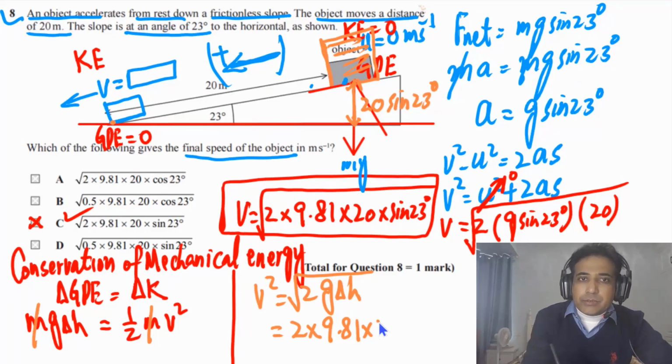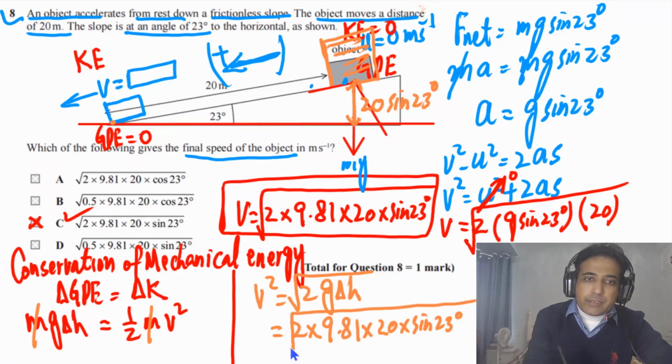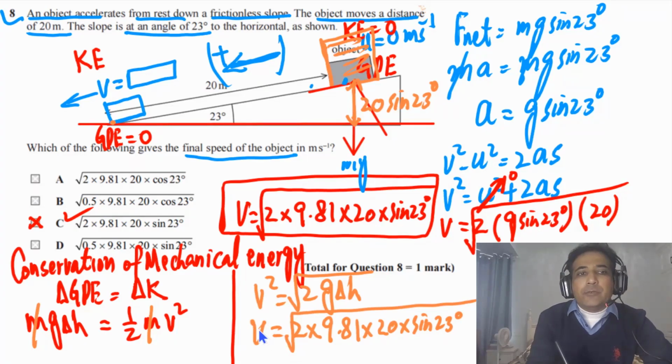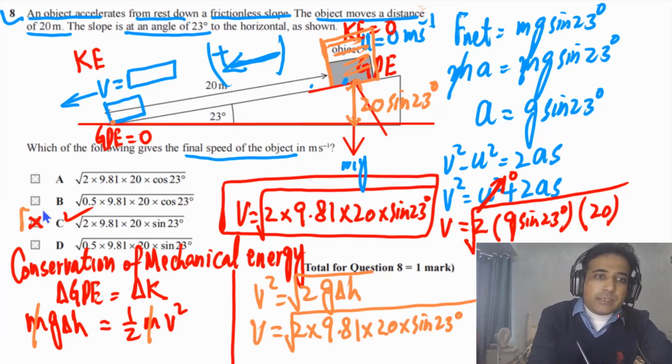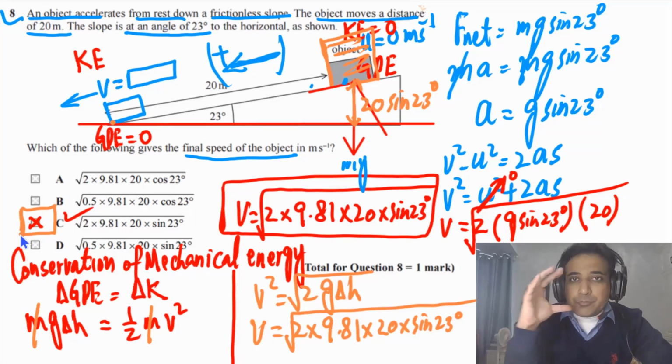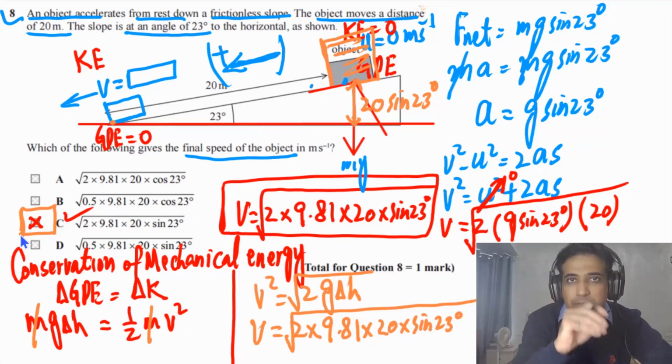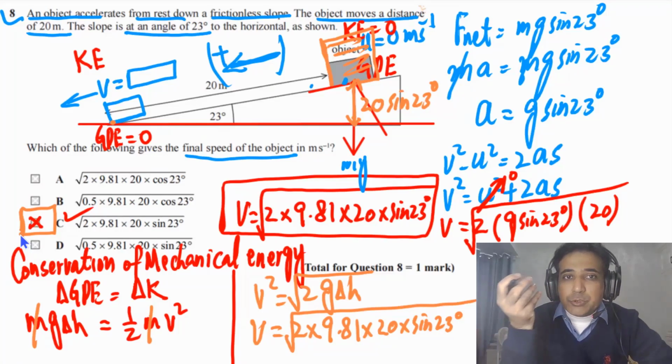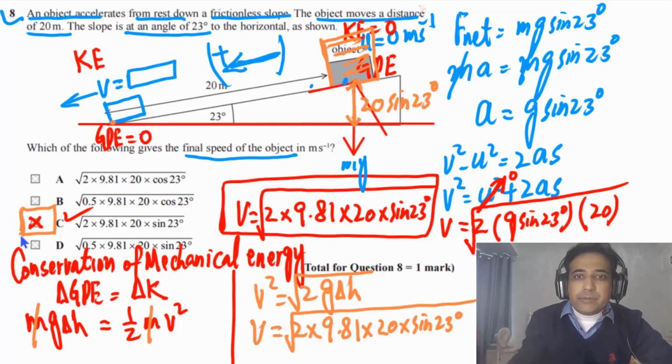So we can write here 20 times sine of 23 degrees, root of this. So this is the value of v. So the answer is C for this question. A beautiful question. Try to do this one using these two different methods. This will help you to improve your understanding of forces and kinematics.